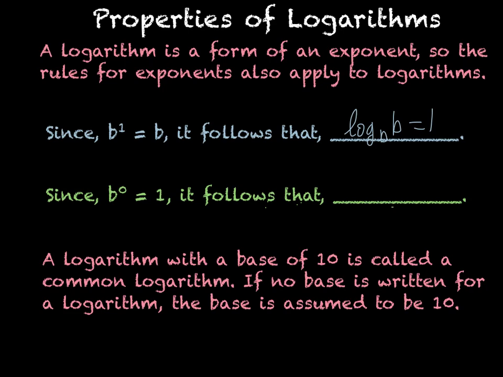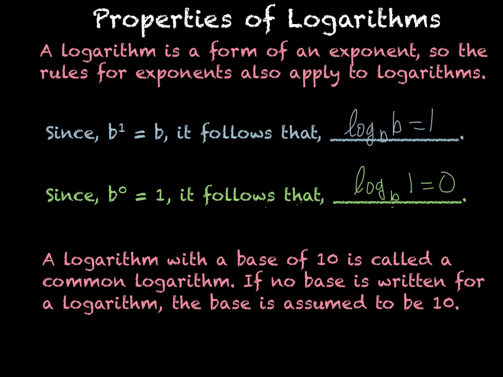Now, since b to the 0 power equals 1, it would then follow that log base b of 1 equals 0. So these are two ways that we can convert basic exponent properties into logarithmic properties.